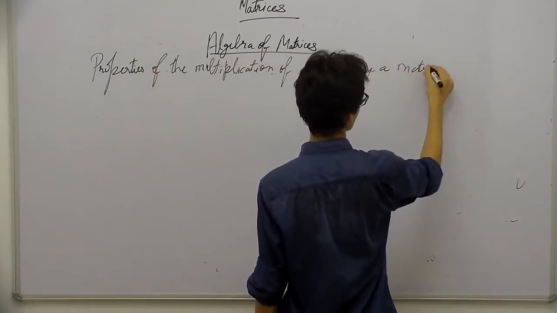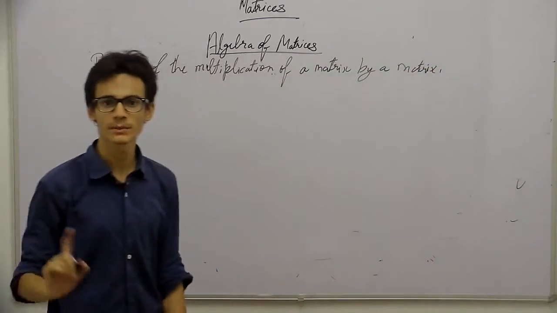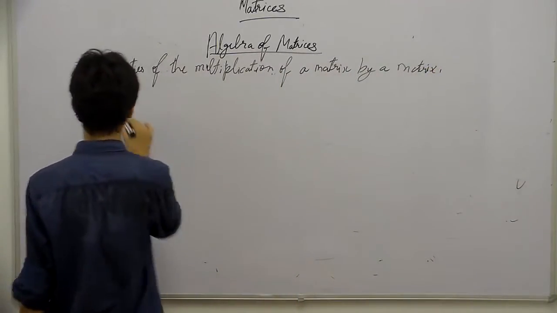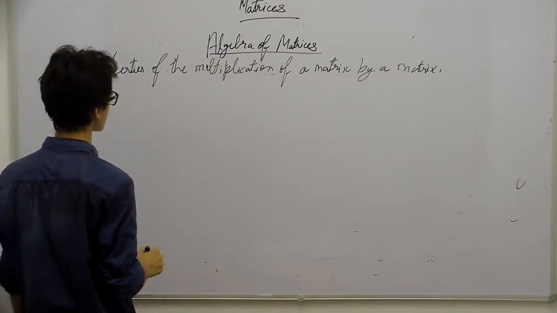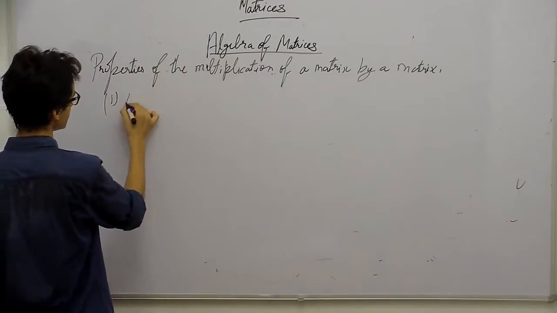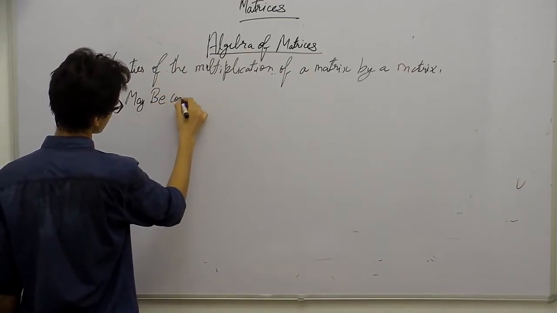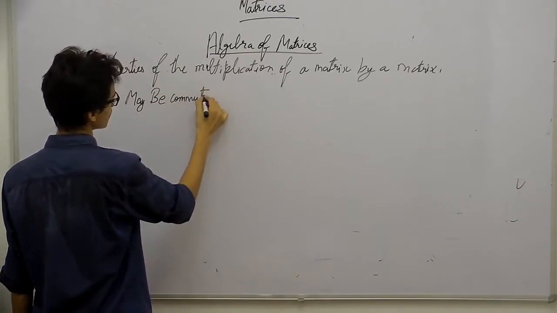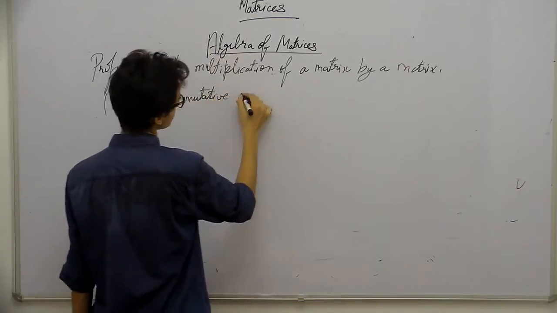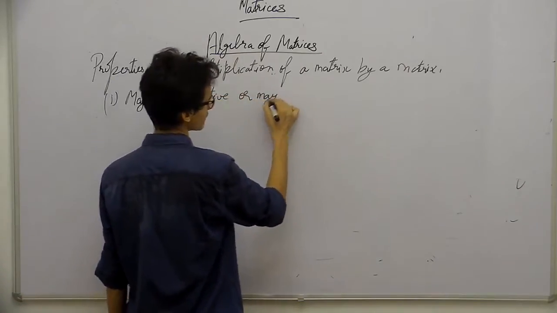The first property is that this may be commutative or may not be commutative.